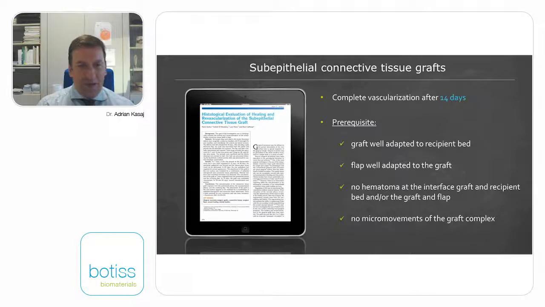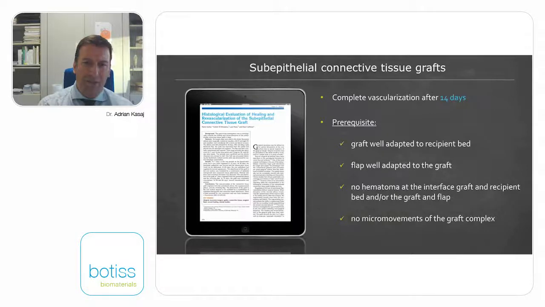According to work from Guricha and co-workers from 2001, a fully submerged connective tissue graft is completely vascularized after 14 days. So this is why we have this high early survivability, because we have stable wound healing, and this is why it is so successful.